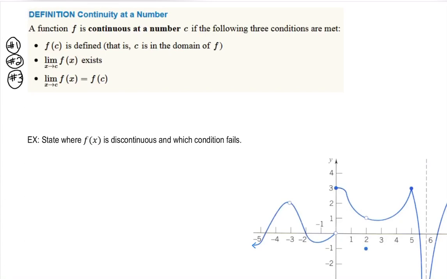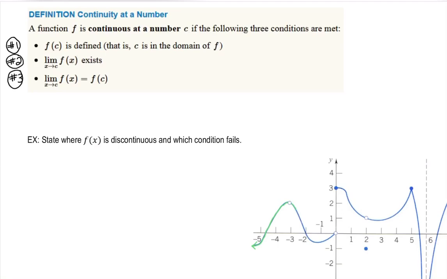So I start drawing through this graph, coming through without lifting anything, and here is the first spot where I have to lift my pen in order to keep going, and that was at x equals -3.